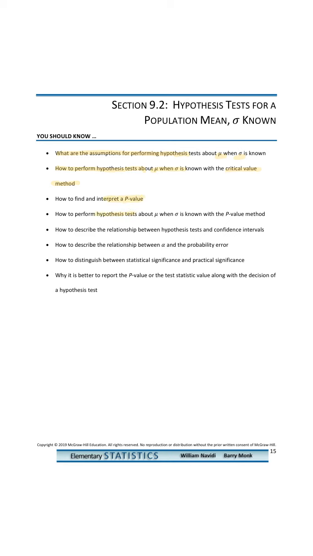You also learned how to perform the hypothesis test with the p-value method, how to describe the relation between the hypothesis test and the confidence interval, how to describe the relation between alpha and the probability of error, how to distinguish between statistical significance and practical significance, and why it is better to report the p-value or the test statistic value along with the decision of a hypothesis test.